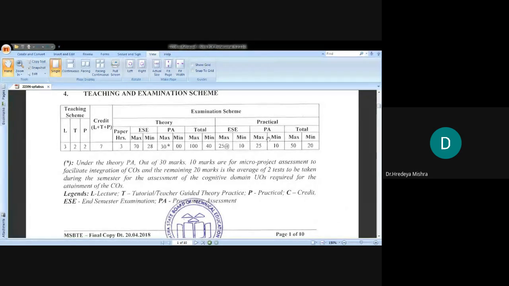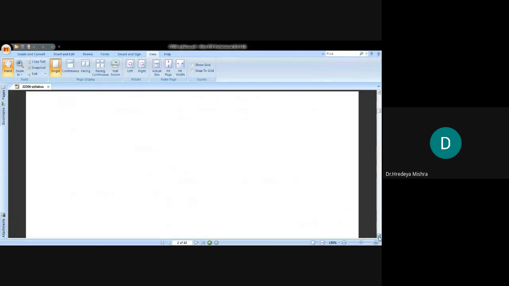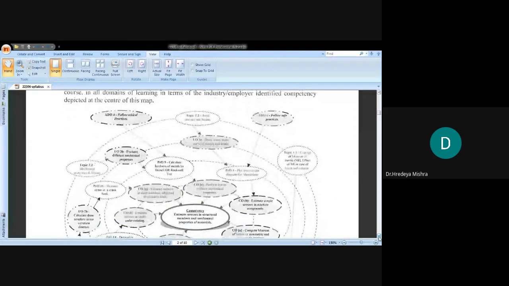What do you mean by progressive? The progressive is your lab record, your laboratory record and performance in the laboratory. Okay, so these are your teaching schemes. Okay, so next, this is your course map.